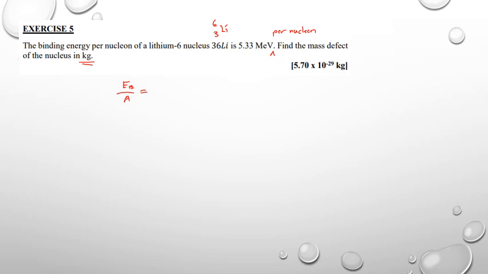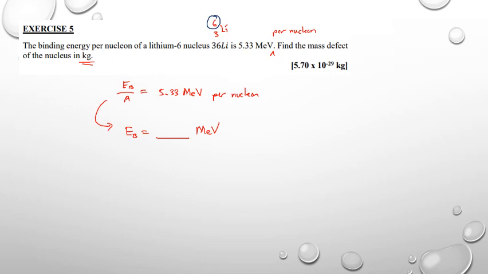So EB over A given is 5.33 MeV per nucleon. From here, you then calculate EB. Now, can you calculate EB? Yes, you can, because you actually have the value of nucleon number in the question, where A is 6. Your value of A is given in the question, in this symbol 6. So from here, you get EB in MeV.